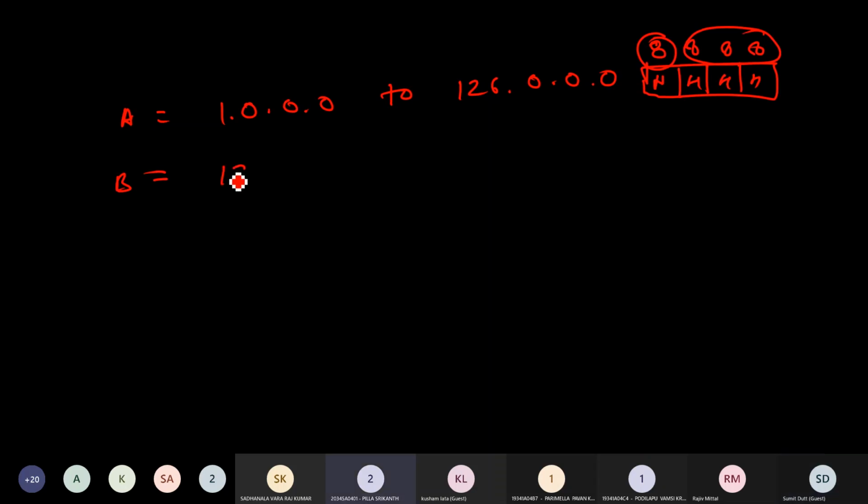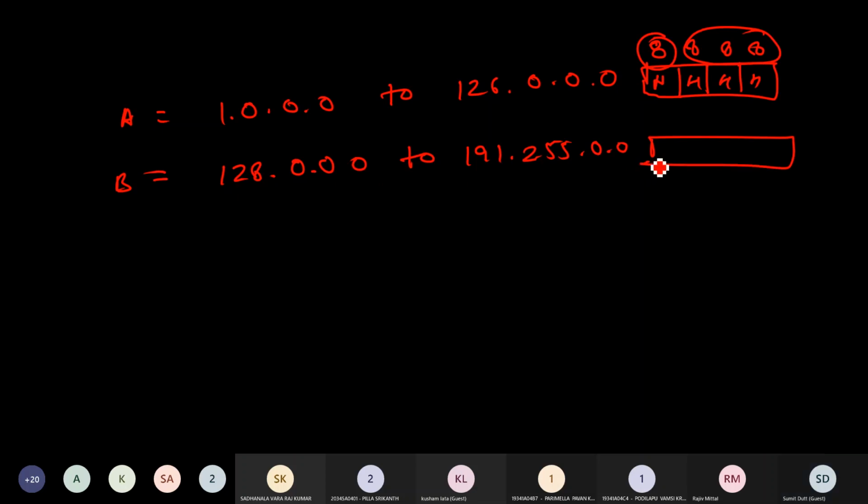Now tell me class B. It is 128.0.0.0 to 191.255.0.0, and here the network bits are 2 to the power 16 and the host bits are 2 to the power 16, so 8, 8, 8, 8.